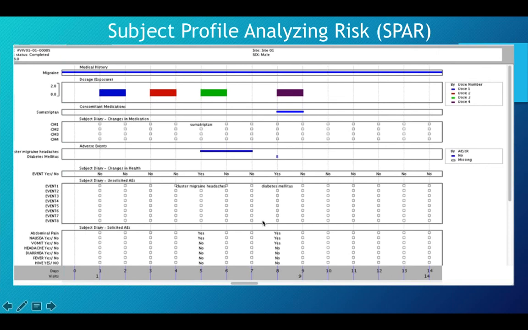And then for this study, we were adding additional things from the diary and assessments that the central RN had to make. So when we saw this, we knew that the subject had reported an adverse event, and then we could look at both what they reported on changes in their med history and then these specific adverse events. So what this does is it takes all of these data sets together.